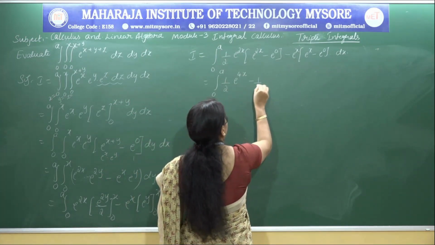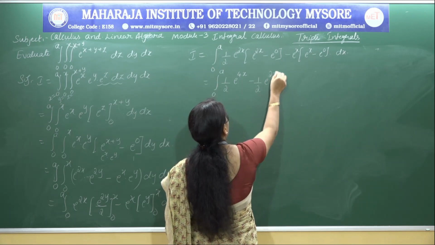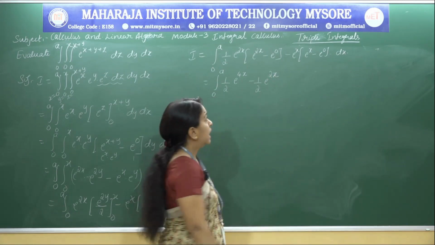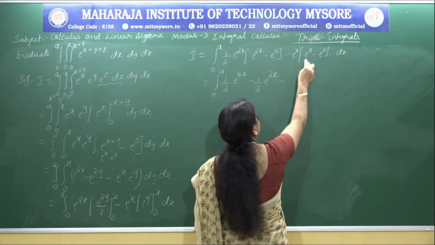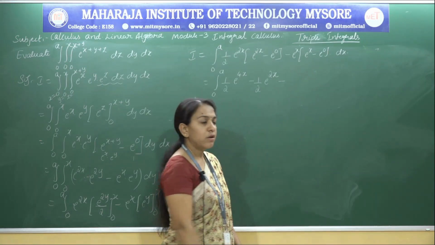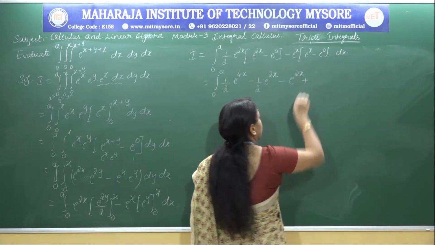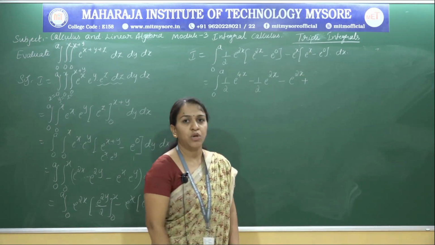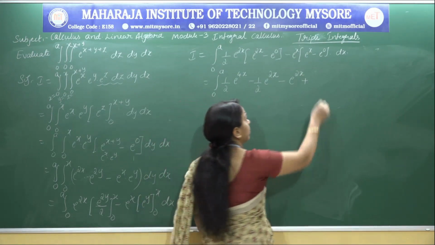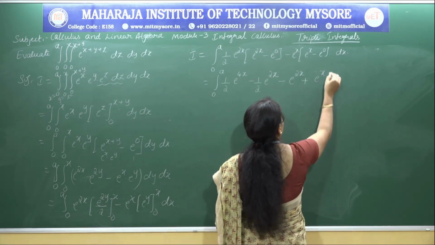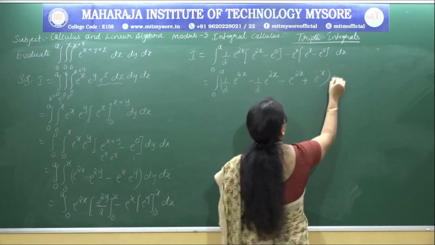Therefore, minus 1 by 2 times e power 2x. Okay. Next term, minus e power x into e power x is e power 2x. E power 2x, minus of minus plus, e power 0 is 1. So 1 into e power x is e power x into dx.